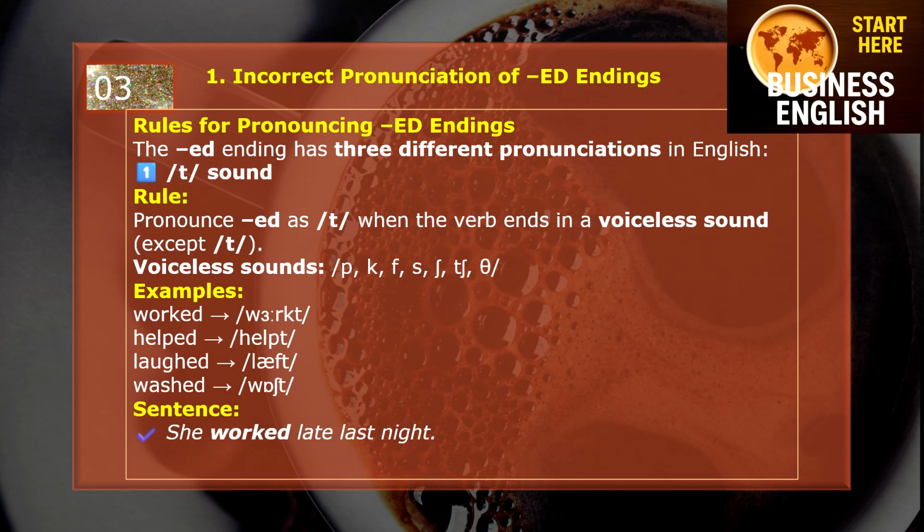The rule is pronounce ed as T when the verb ends in a voiceless sound except T. So voiceless sounds are P, K, F, S, Sh, Ch, and the voiceless TH. Examples: worked, helped, laughed, washed. Sentence: she worked late last night.